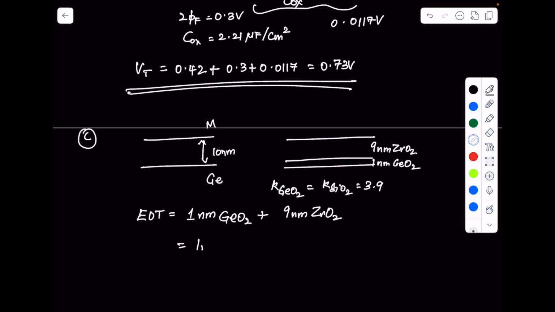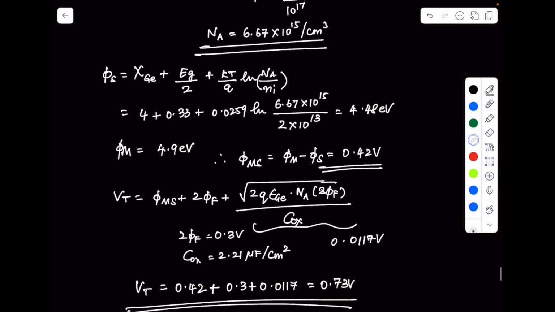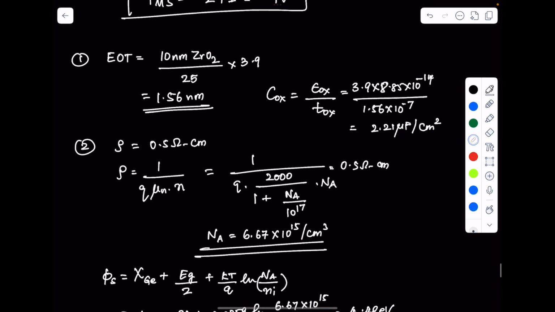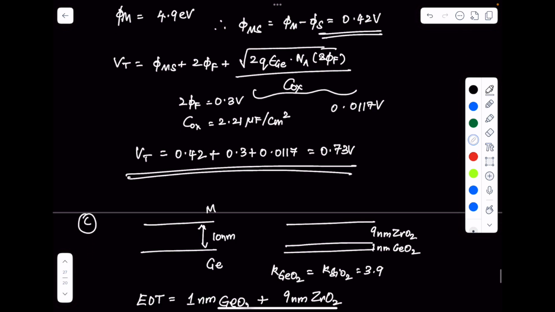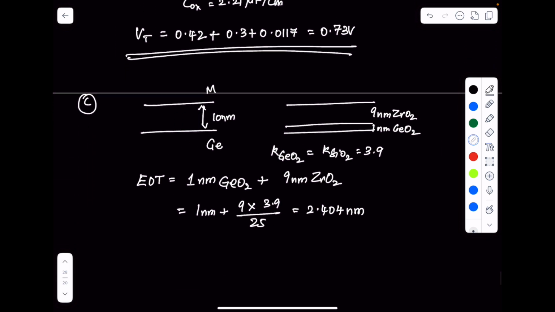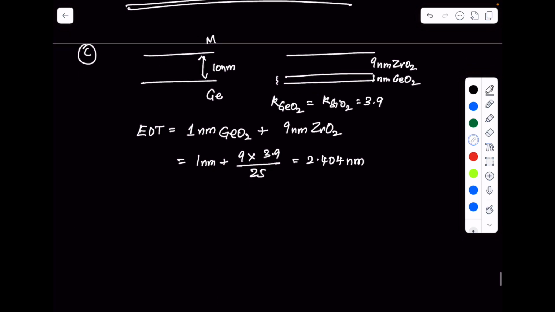So this is 1 nanometer plus 9 into 3.9 by 25, and so that works out to 2.404 nanometer, right? So in the previous case we said that the EOT was 1.56, but in reality, because of that extra 1 nanometer of germanium oxide, the actual EOT is larger, it's 2.404.